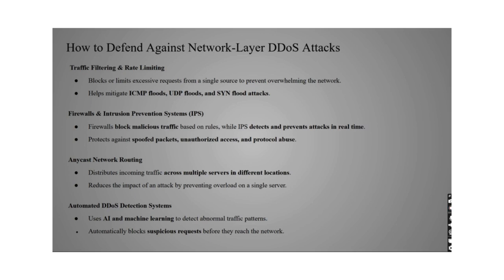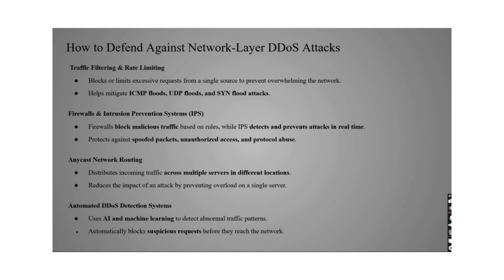Next is the automated DDoS detection systems. These systems use AI and machine learning to analyze traffic patterns and detect if any abnormal patterns are occurring in real time. Suspicious traffic is blocked automatically before it can cause any harm.